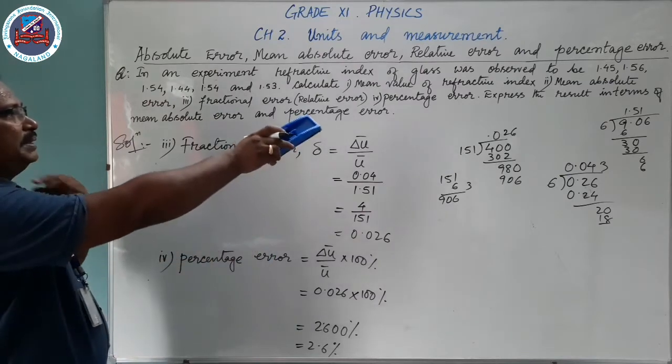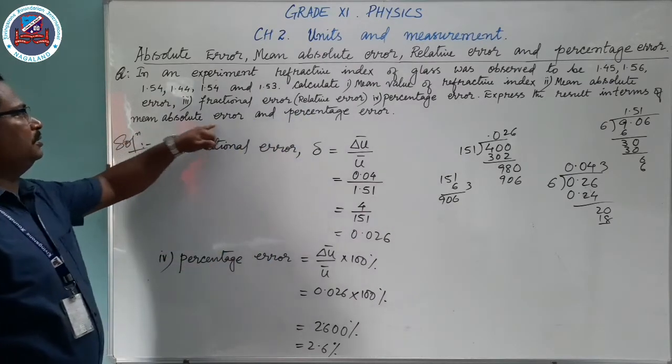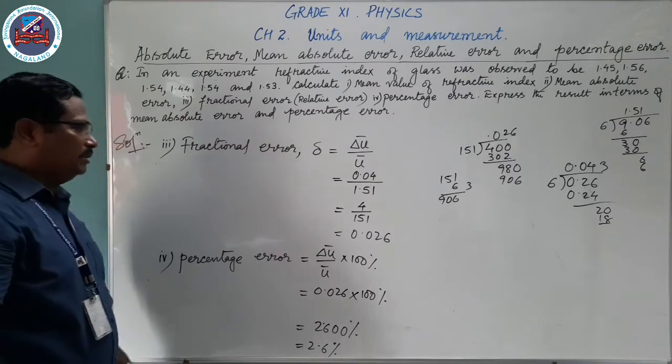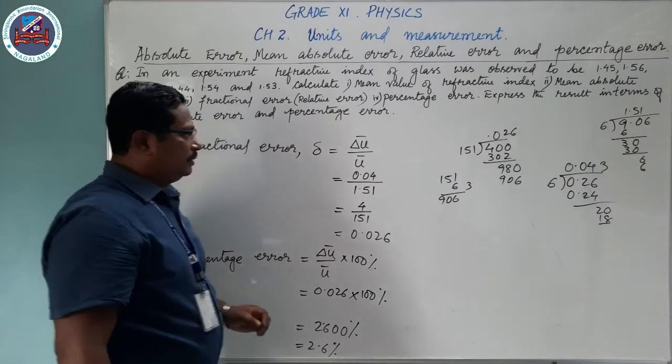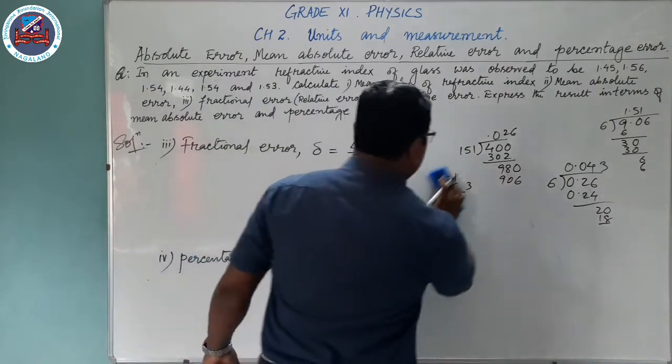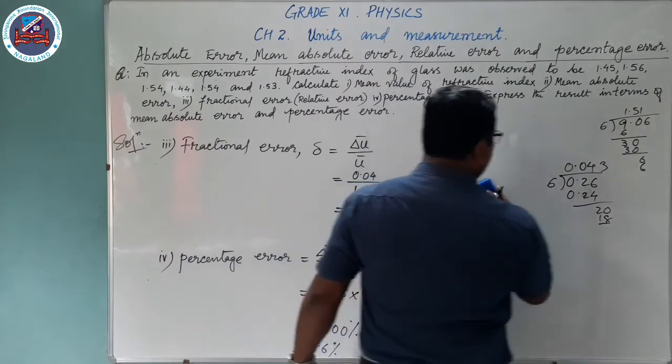Now the next one: express the result in terms of mean absolute error and percentage error. So how to write down the result ultimately, I'll show you here.